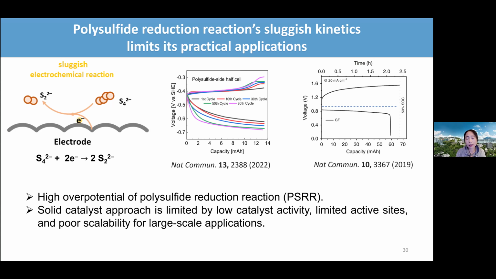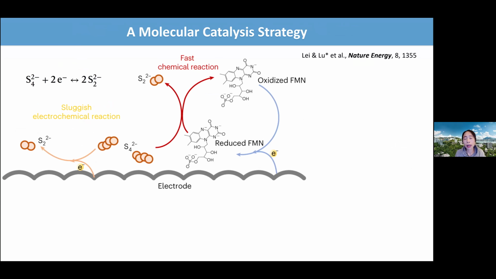Second, the catalyst needs to be very well dispersed, and they still have very limited active sites. So we decided to go a slightly different route, from a solid catalyst to looking at a soluble catalyst, a molecular catalyst.